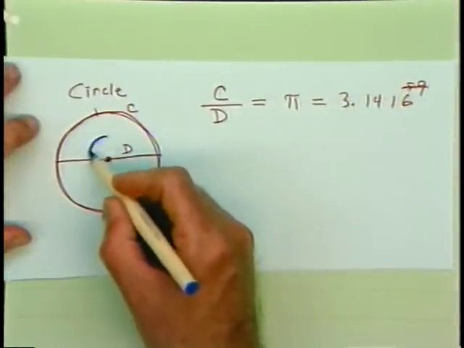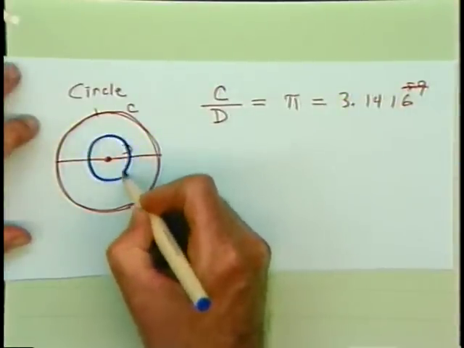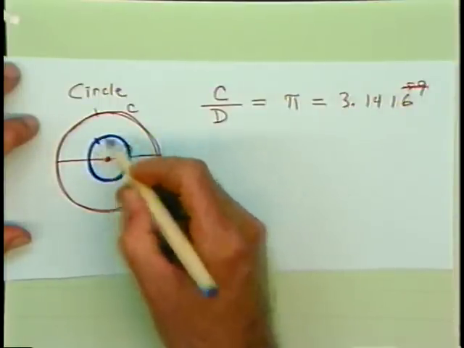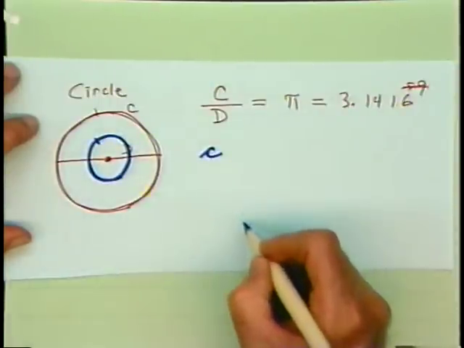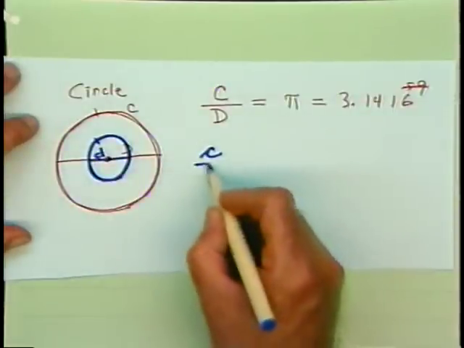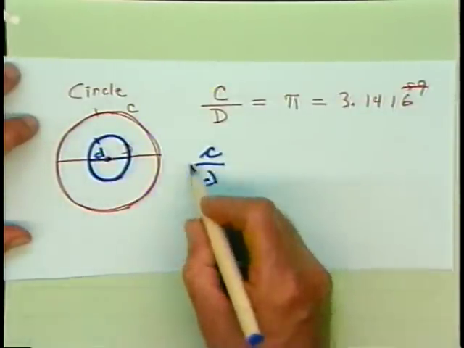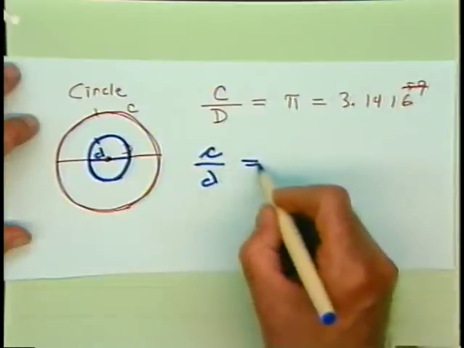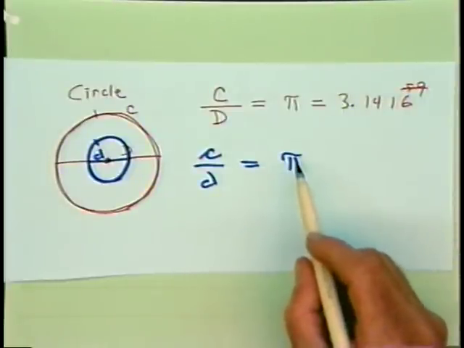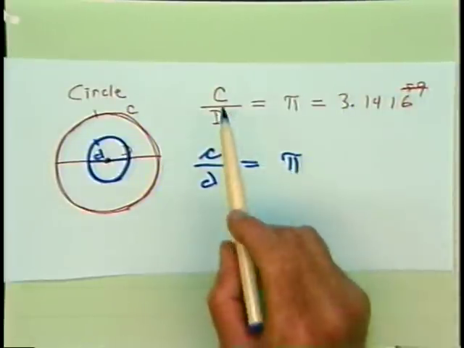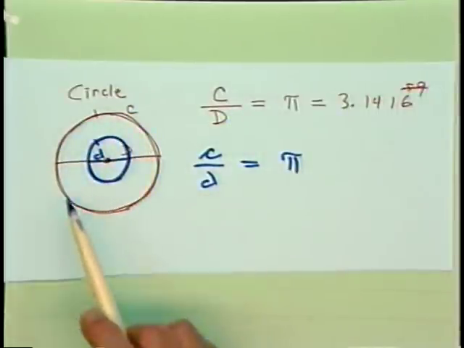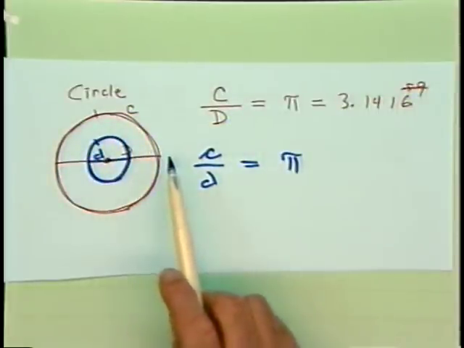If you were to take a smaller circle and measure its circumference, let's call that small c, and then its diameter, which of course would also be smaller, and divide these two, the ratio would again be that number pi. So the definition of pi is nothing more than the ratio, or the number you get when you divide the length of a circumference by the diameter.